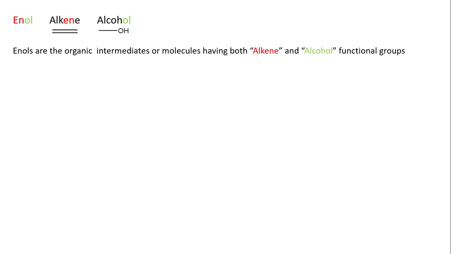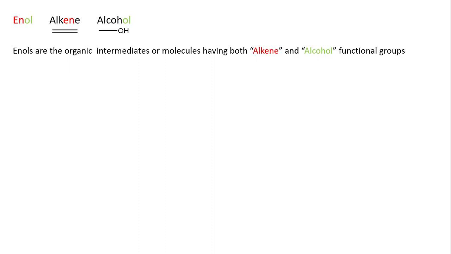After discussing the ketones, let us now discuss the enol. It comes from two words, alkene and alcohol. The ene of enol comes from alkene and ol comes from alcohol. So we can say that enols are the organic intermediates or the molecules which have alkene and alcohol functional groups at the same time.